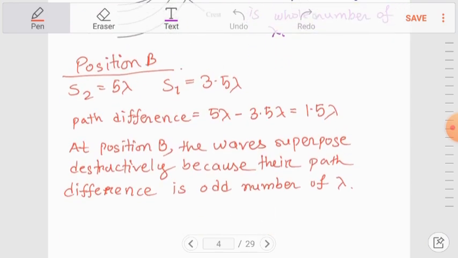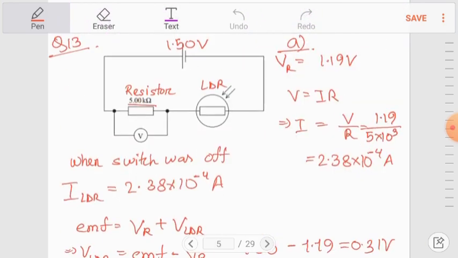So here the problem is that when the lights were on, the LDR was not receiving light from one source. It was receiving light from different sources, and as light increases, the resistance decreases a lot. And as V equals IR, resistance and voltage are directly proportional.